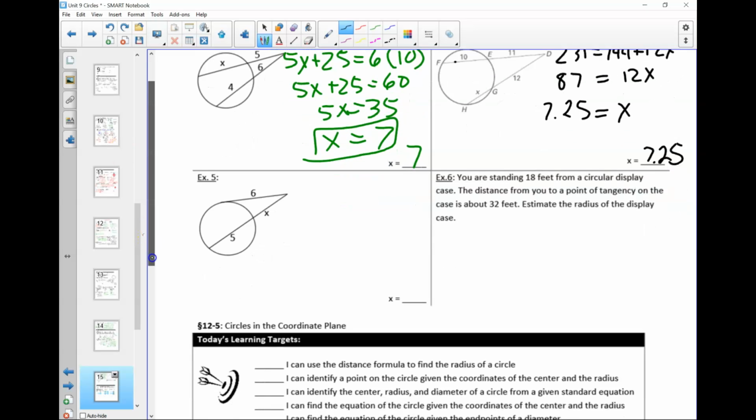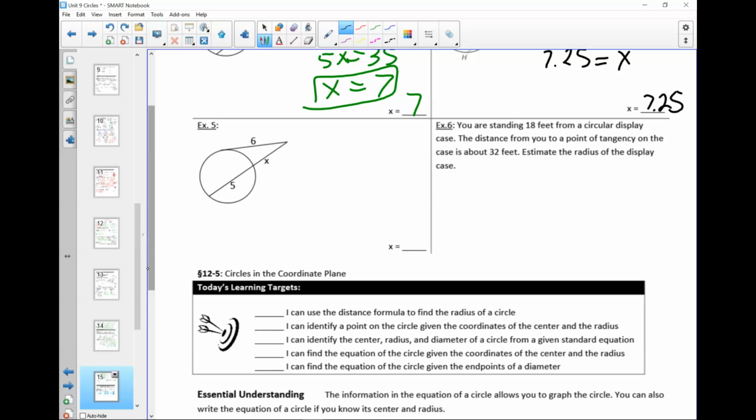Okay, and finally we have a tangent and a secant. So 6 squared equals x times (5 plus x). So we get 36 equals x squared plus 5x.